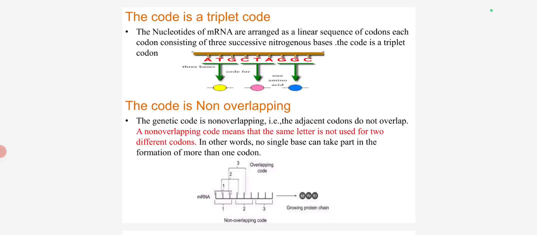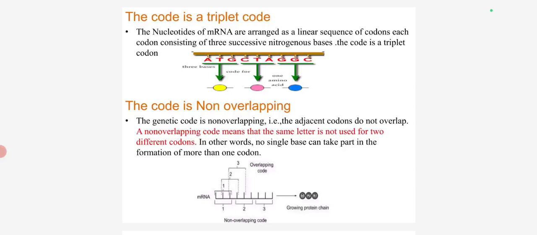Next one, the code is non-overlapping. The genetic code is non-overlapping. Non-overlapping means the adjacent codons do not overlap. Adjacent codon means nearest one. The non-overlapping code means that the same letter is not used for two different codons.